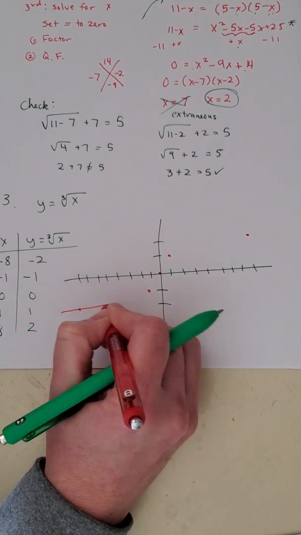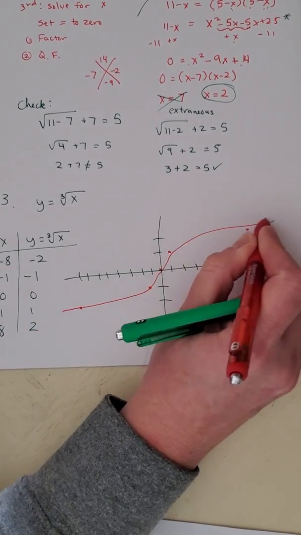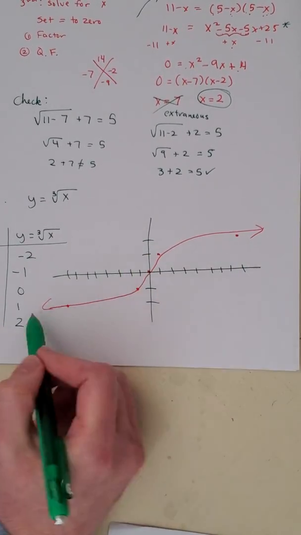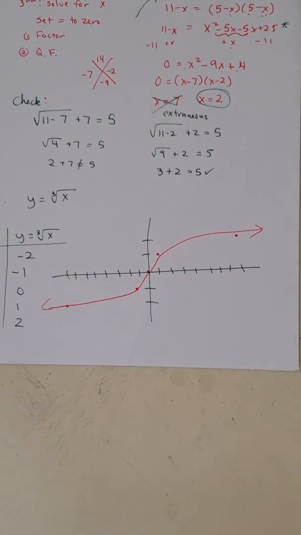So your parent function looks something like this. And it is a one-to-one function, right? It'll pass the horizontal line test, and also the y values do not repeat.